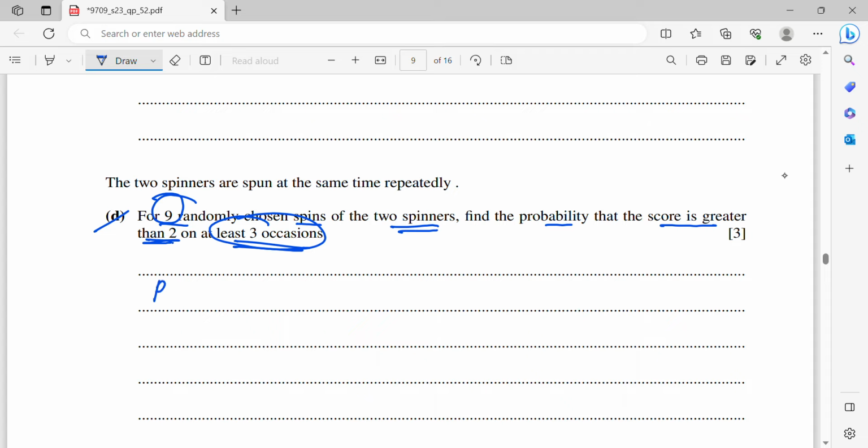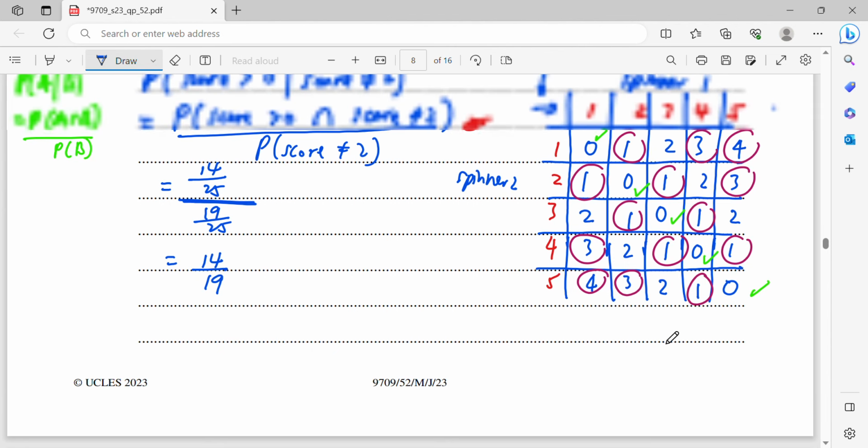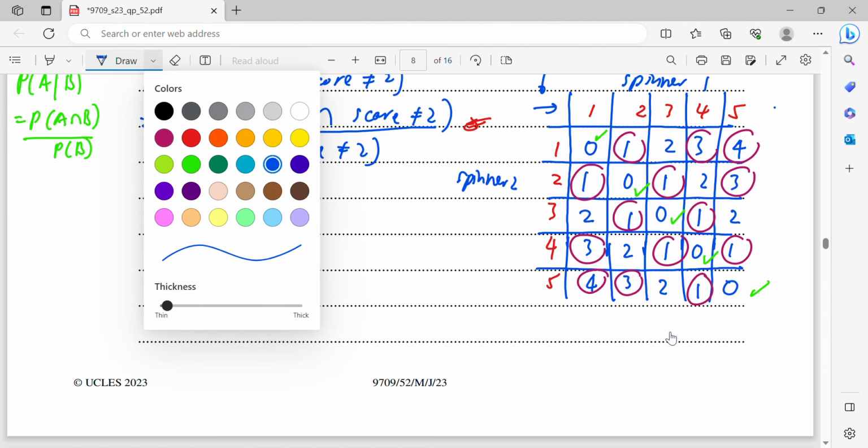So now I have to find the probability that the score is greater than 2. When the score is greater than 2, it means the score equals 3 or 4. Look at the table here, 3 or 4.